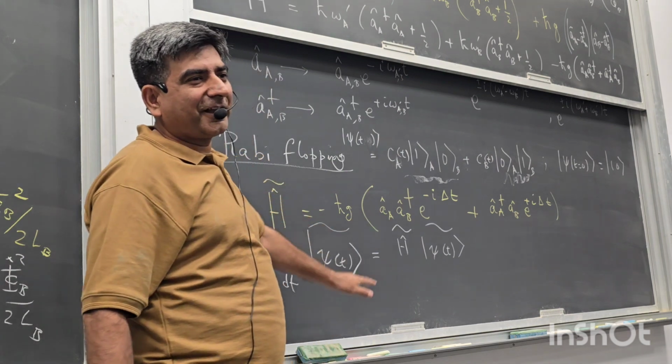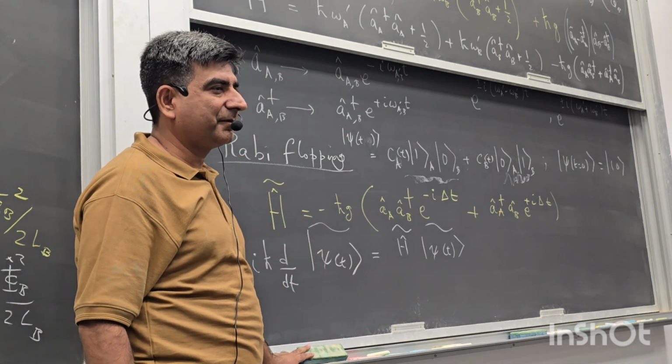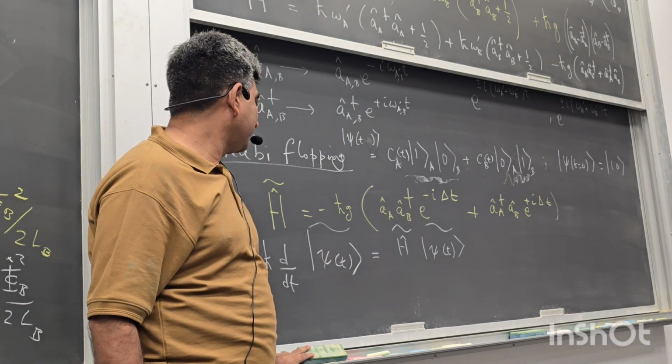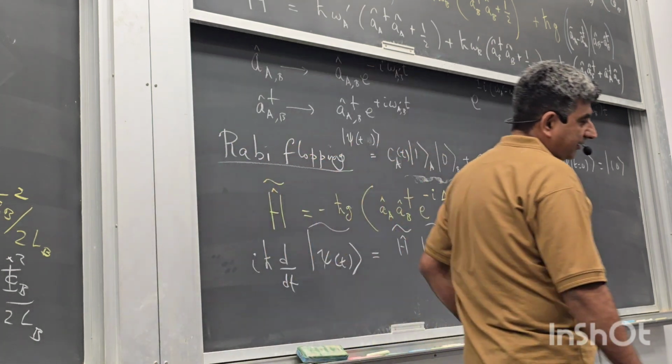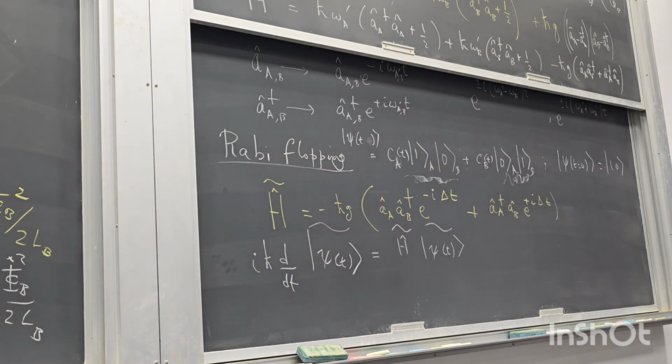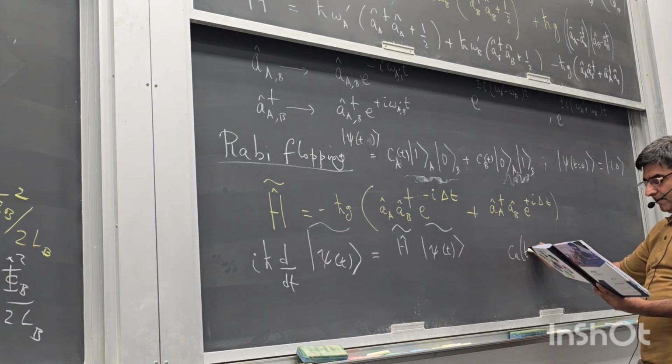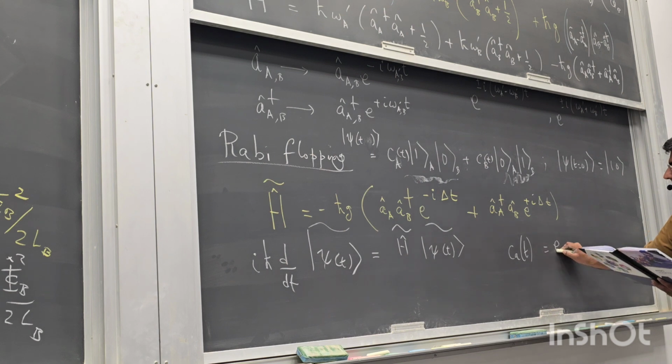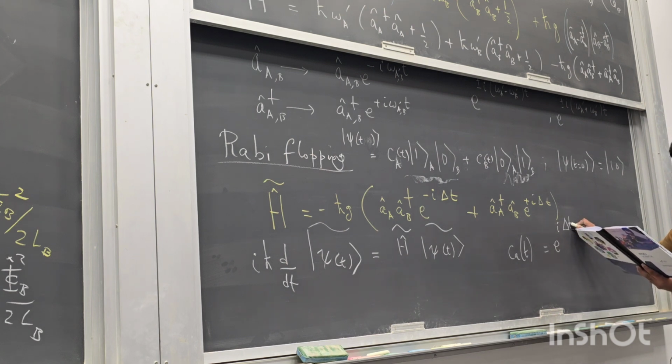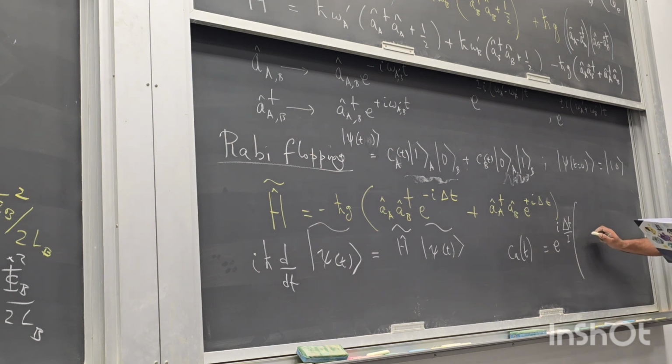So now you can derive the Rabi frequencies. The Rabi frequencies will be proportional to g. So if I were to solve all of this, and I've done this, in fact, my CA(t) will be e to the i delta t over 2, with the initial conditions that I have.